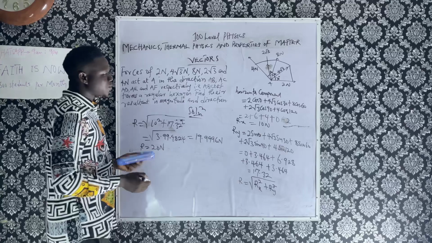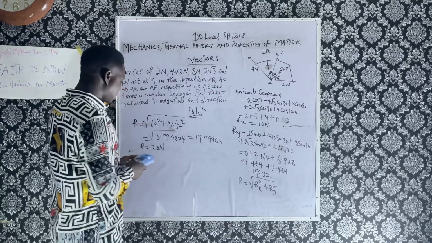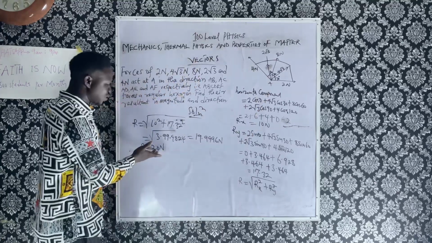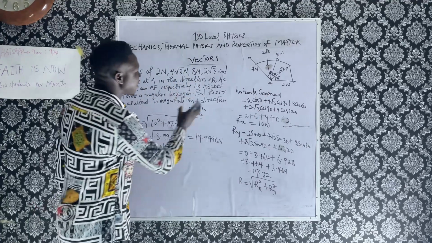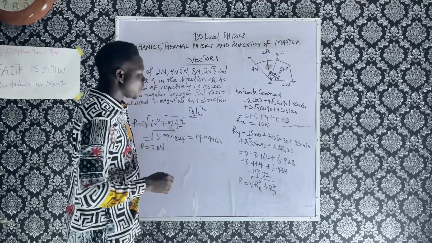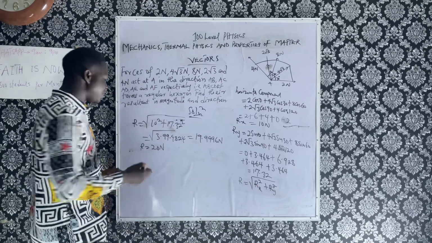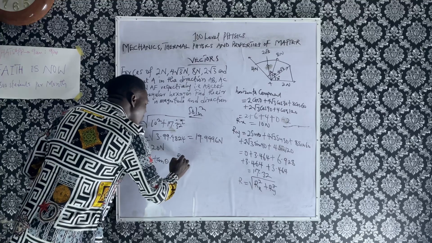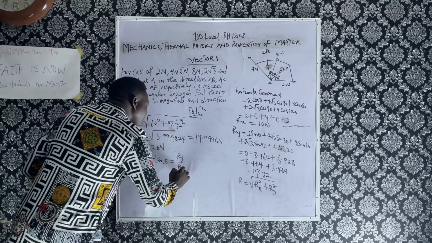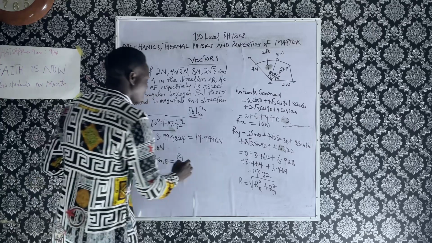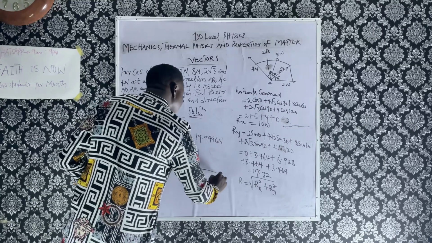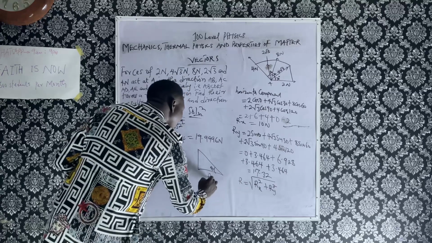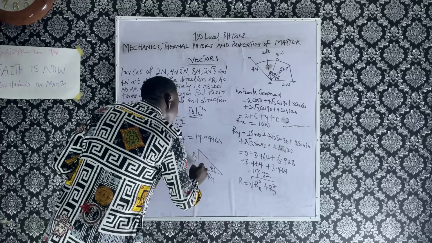Now, for me to get my direction, it means the total resultant that's acting on A is 20 Newton approximately. Now, for me to get my direction, if you remember, we derived the formula which says tan theta is equals Ry over Rx. If I should draw a diagram like this, and this is theta, then this is Rx, this is Ry, and this is my 90.